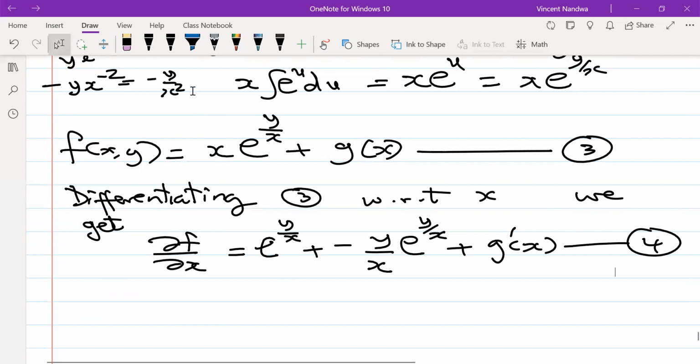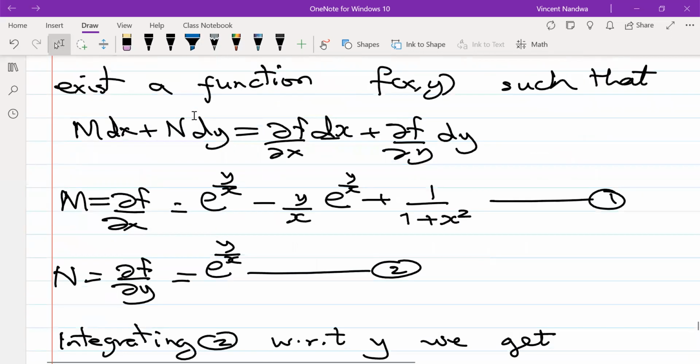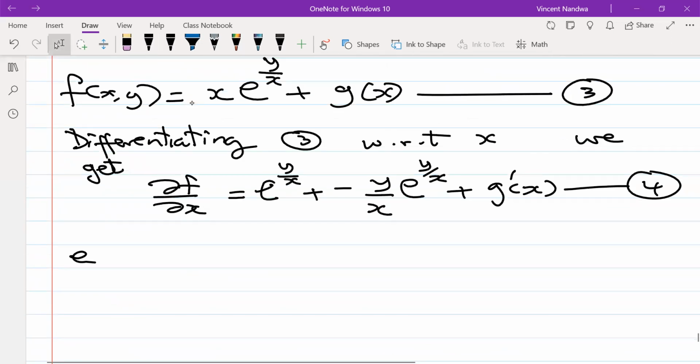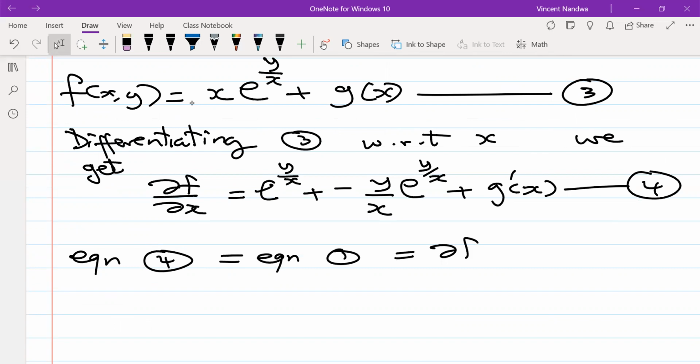But now equation 4 and equation 1 both define partial f partial x. So equation 4 equals equation 1, since all of them are defining partial f partial x.